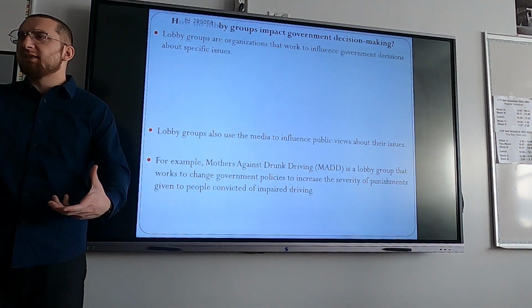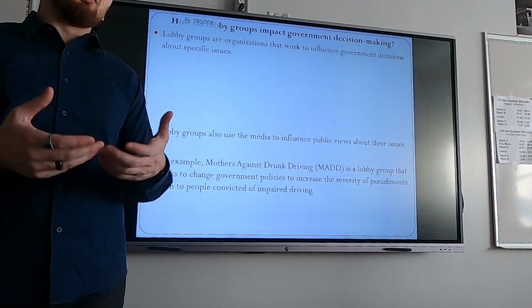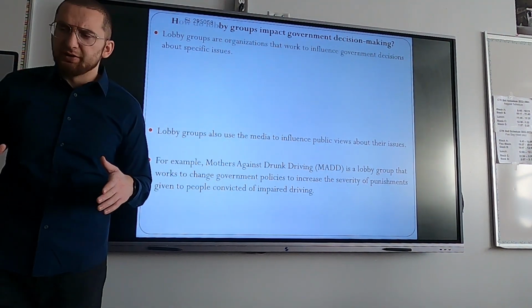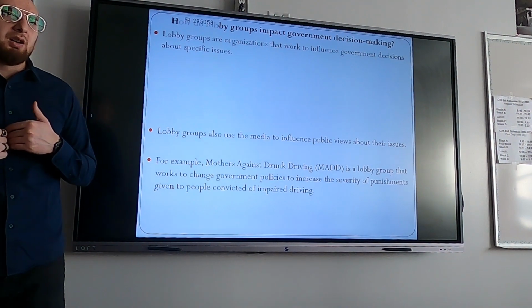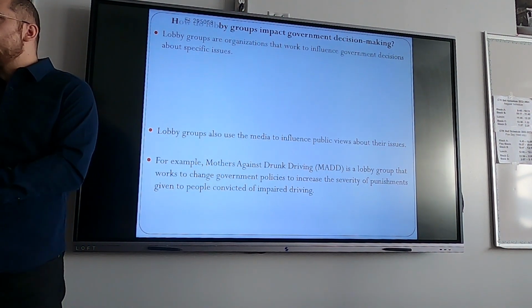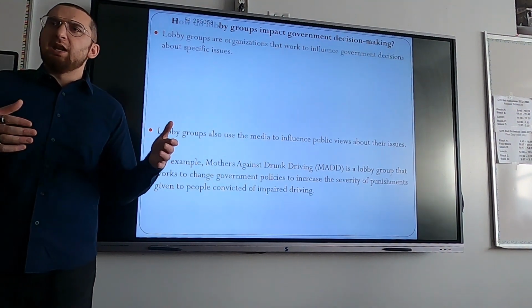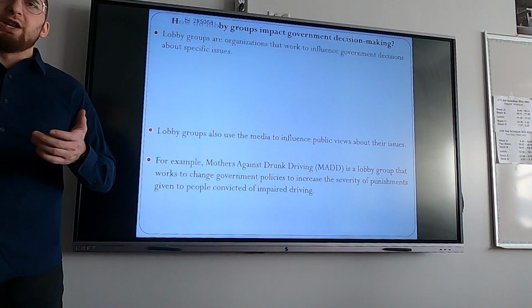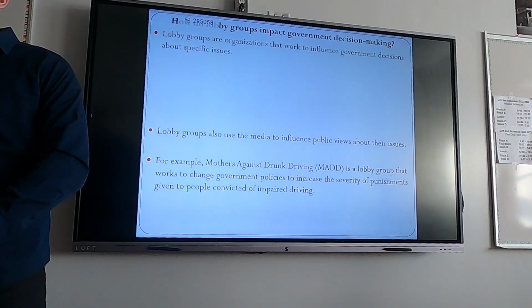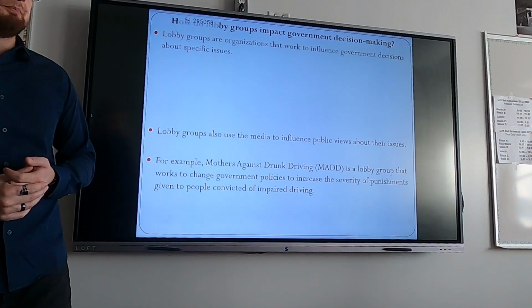We need more of a presence in the hallways. And a group of dads got together and created, I forget what they called it, a group of neighborhood dads who would go to the school and monitor the hallways, create relationships with students, and address problems. And within a month or two, they just saw a dramatic decrease in the violent events at the school. And so lobby groups work the same way.